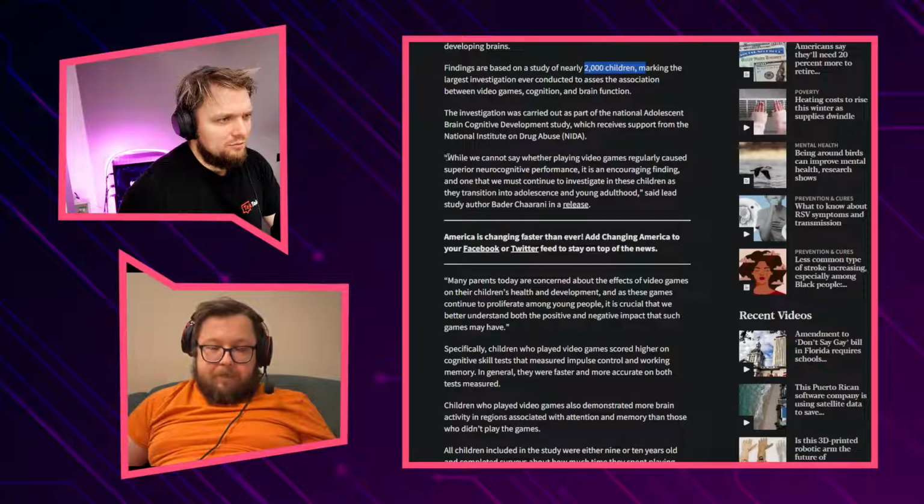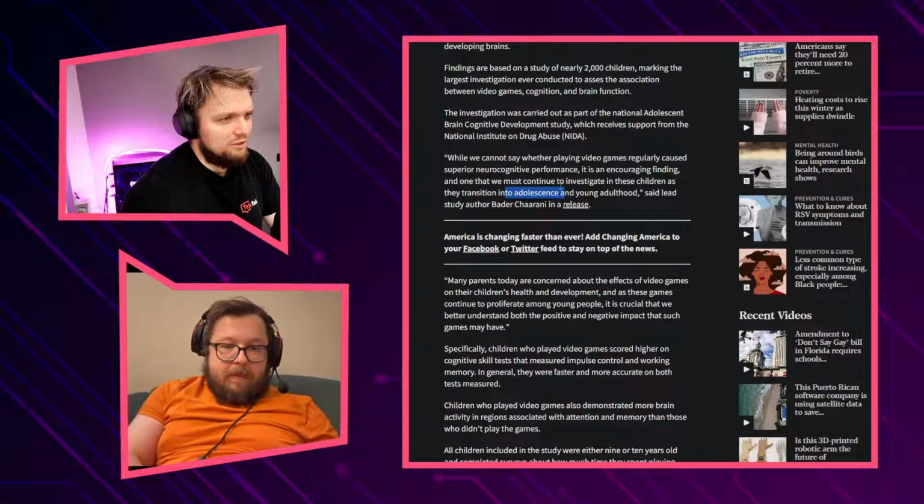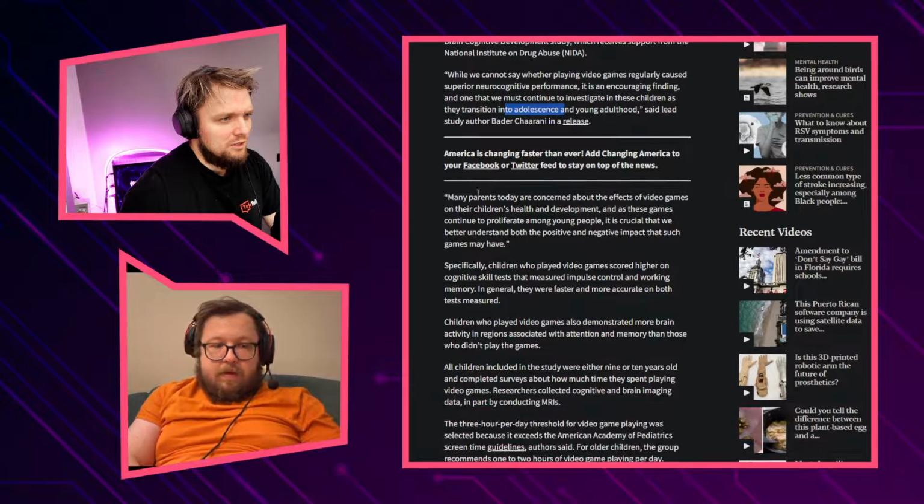While we cannot say whether playing video games regularly caused superior neurocognitive performance, it is an encouraging finding and one that we must continue to investigate in these children as they transition into adolescence and young adulthood.